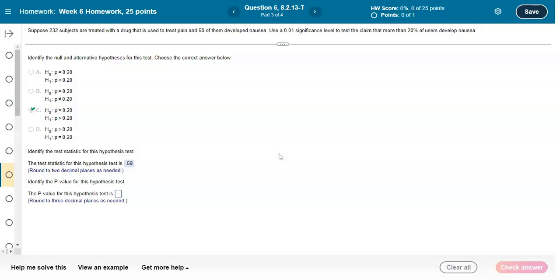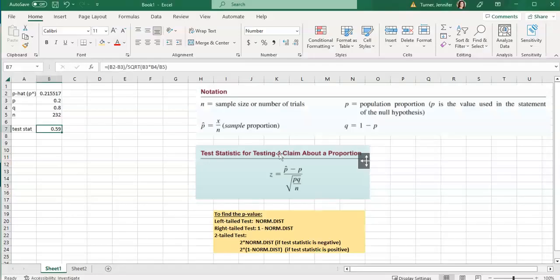Now we need to find the p-value. To find the p-value, it depends on whether you have a left-tailed, right-tailed, or two-tailed test. If you have a left-tailed test, you're going to use the norm-dist function that we first used in a previous chapter. If you have a right-tailed test, you're going to do 1 minus the norm-dist function. That's because the function in Excel is always giving us the area to the left.